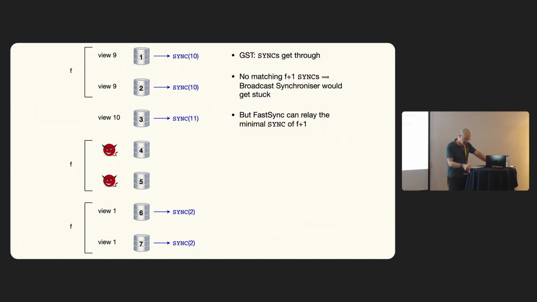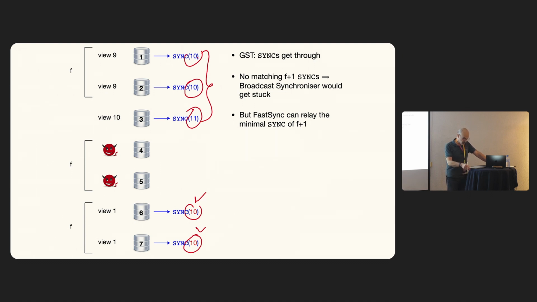But the synchronizer that can act on mismatching views, the fast sync synchronizer, would be able to get out of this situation, because the moment these guys hear from these correct processes, they would be able to jump directly to 10, because 10 is in this case a view that is entered by at least 3, which is f+1, right?